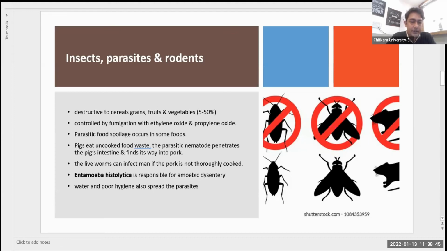You might have seen that rats have destroyed fields. When the food product is in the field, these rats eat up the roots of the grain, and that's how the whole plant dies, and ultimately there won't be any crop in that field.